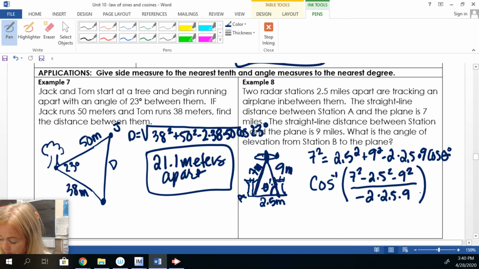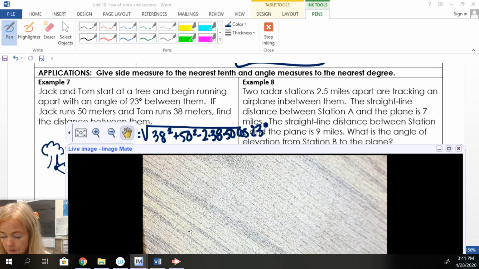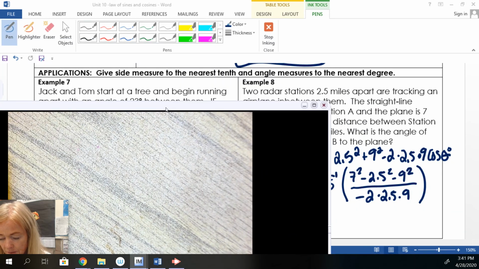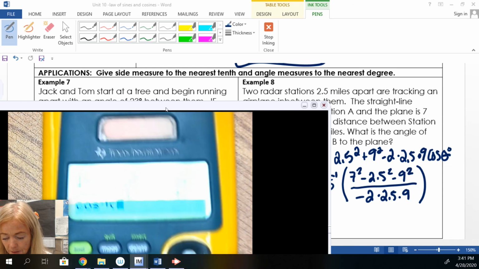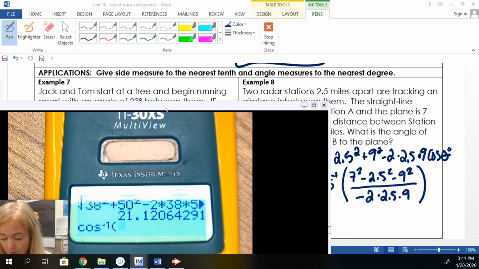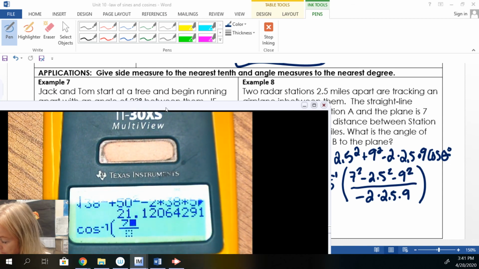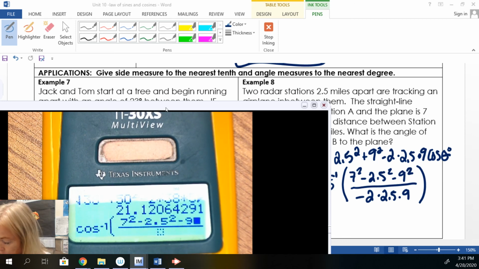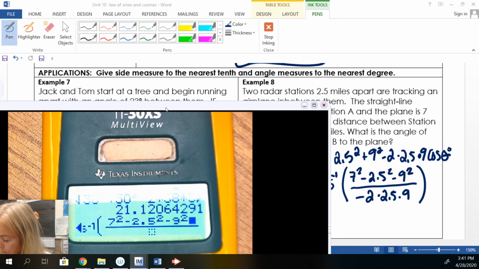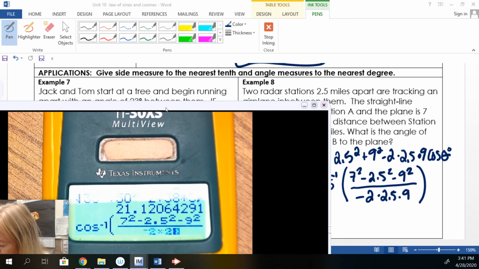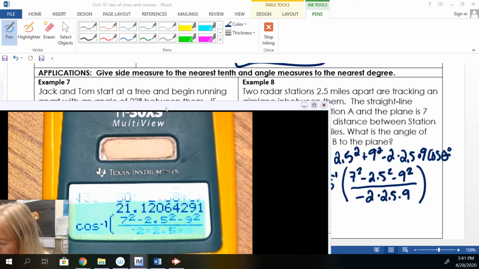Cosine inverse, second cosine. I'll just put it here so you can see, just in case. Just have to plug this in. Second cosine, and then do your n over d, 7 squared minus 2.5 squared minus 9 squared, all over negative 2 times 2.5 times 9.